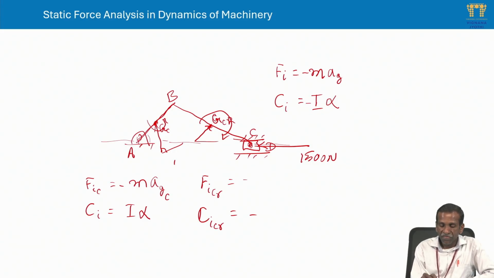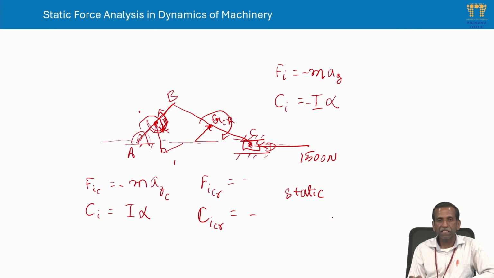Then find the input torque required to maintain equilibrium of the system. This is the inertia torque, the inertia force on the connecting rod. How much input torque you have to apply such that the system maintains static equilibrium, that you need to find from this problem.